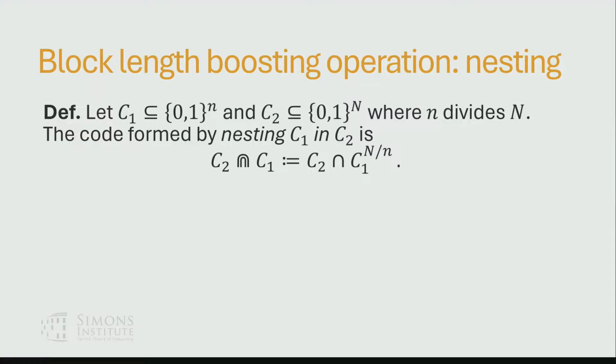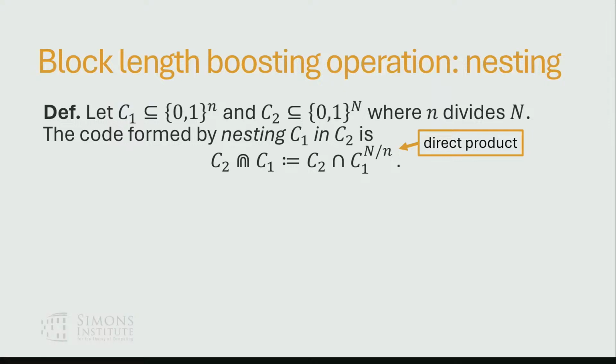Then the definition is that the code formed by nesting C1 and C2, we use this nested intersection notation, is that you take the intersection of C2 with the direct product of C1 sufficiently many times so that it type checks. Basically, C2 has block length big N, and C1 raised to this power also has block length big N, so everything is well defined.